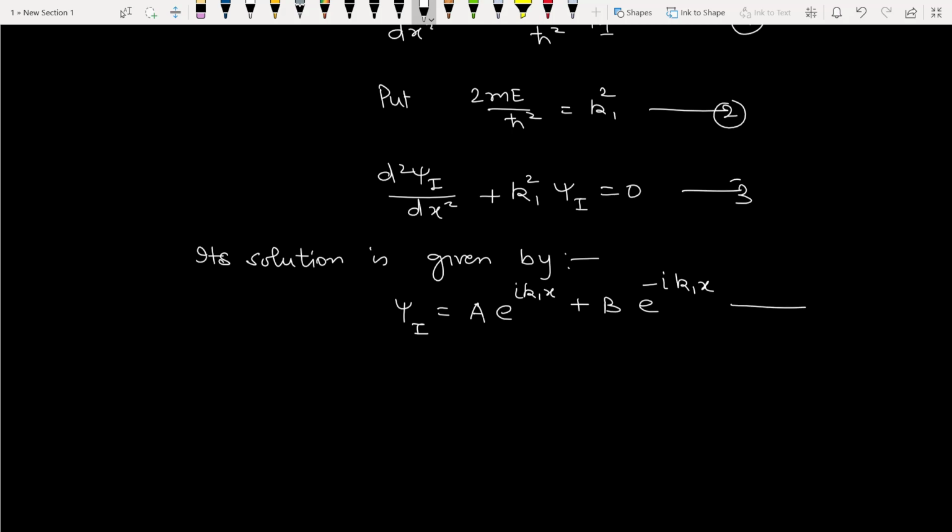We mark this as equation number 3 and this as equation number 4.